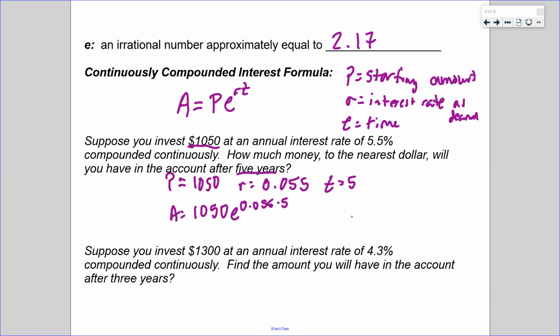Then at this point, these are all values we know. We can just plug that into our calculator. And that's exactly what I'm going to do here in just a second. I'm going to write it down so I can remember what it is. And then I'm going to show you on my calculator how to do that. So I'm going to stop sharing, and you're going to watch me try to find the calculator on my screen.